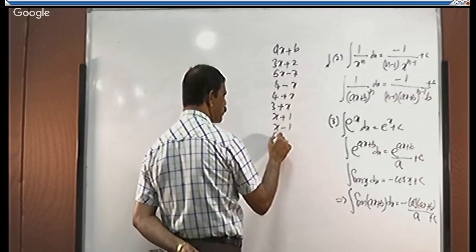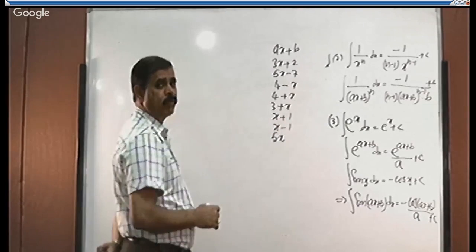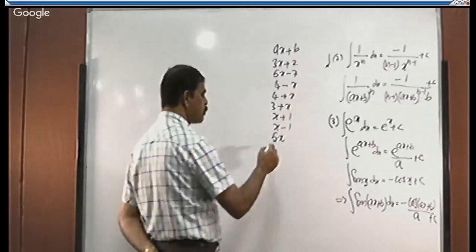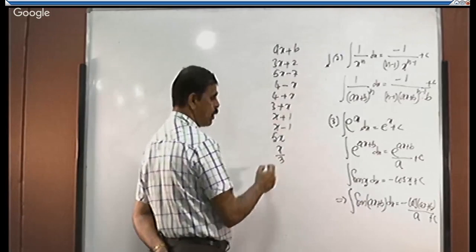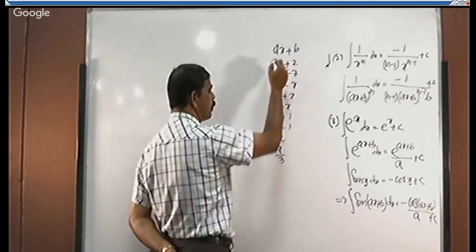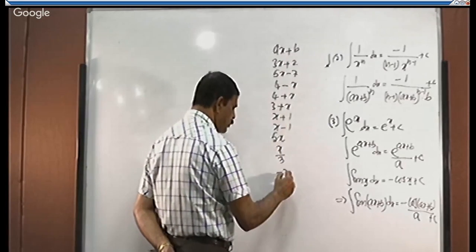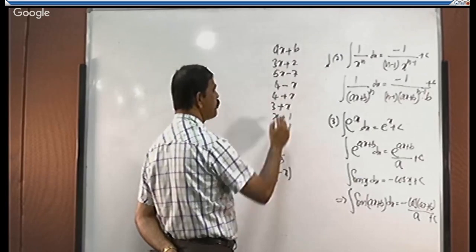Even only 5x can also be treated as what? 2x, 3x, 5x are also treated as ax plus b. x by 3 is also treated as ax plus b. Even minus x should also be treated as ax plus b.